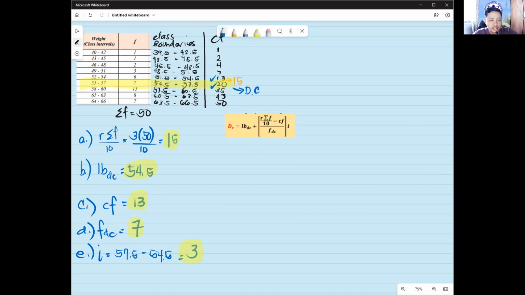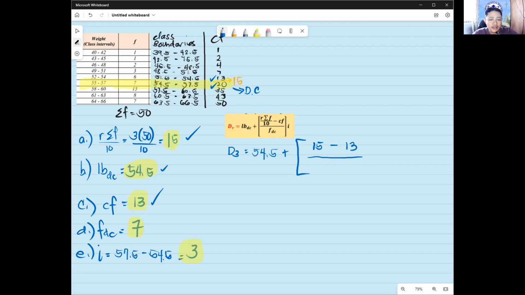The third decile. So D3 is equal to LBDC. This is it. Just write it here. 54.5 plus the summation of letter A. That's 15. Minus cumulative frequency. That's 13.